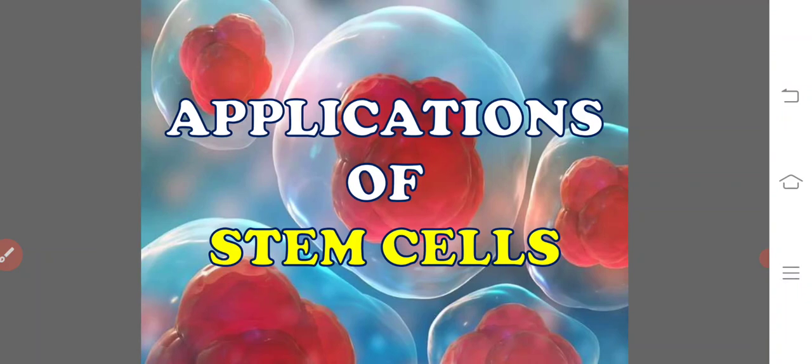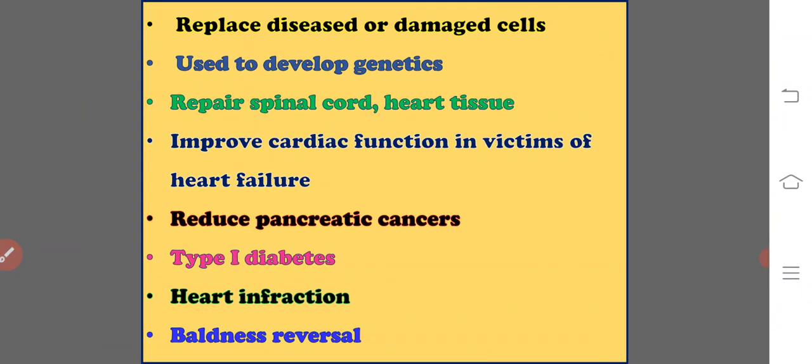And coming to the applications of stem cells, there are different applications. They are used in various fields. Let us see one by one. Replace diseased or damaged cells, used to develop genetics.